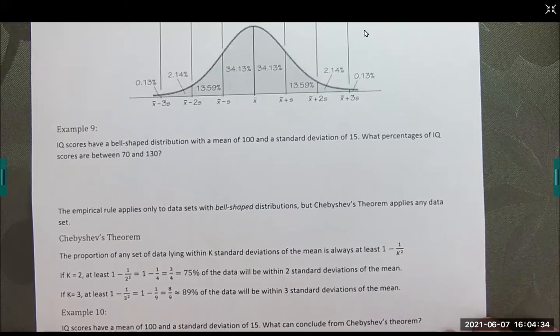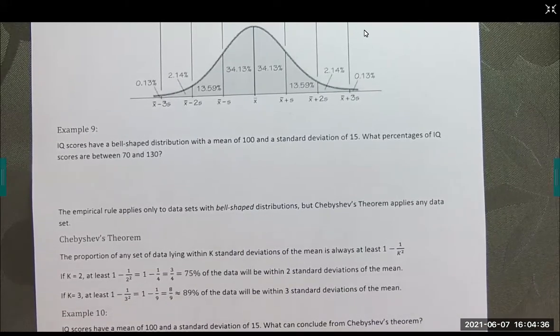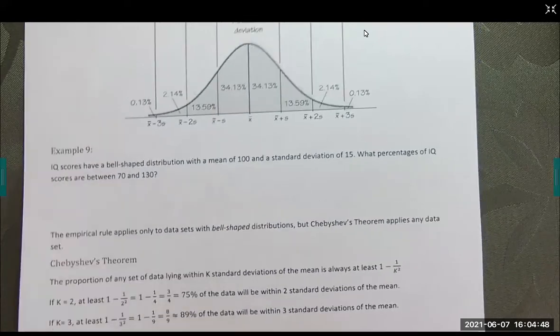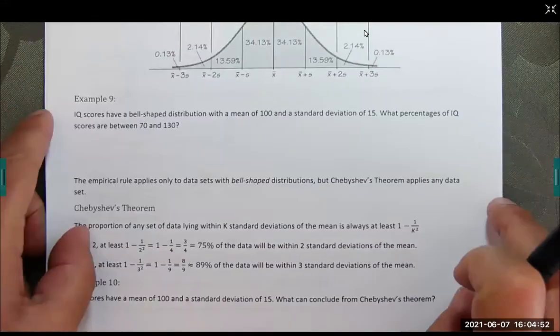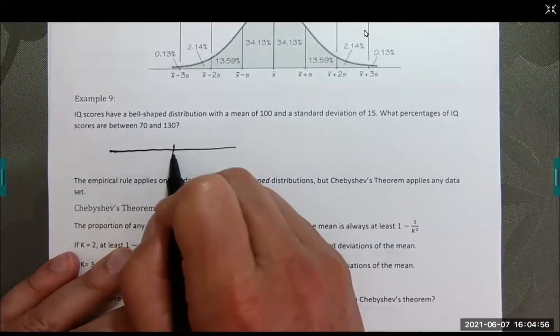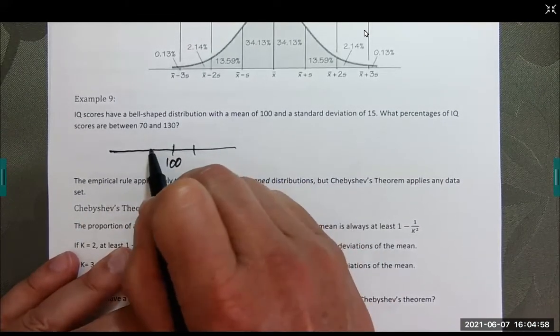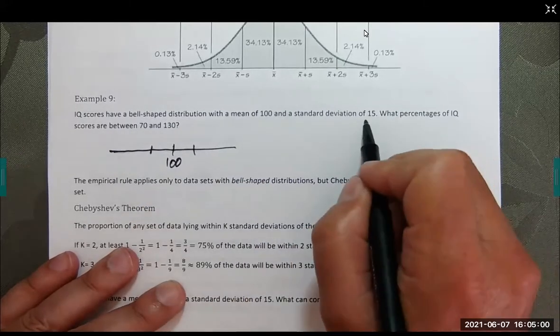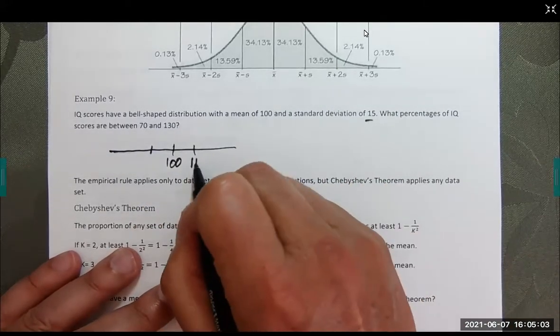All right. IQ scores have a bell-shaped distribution with a mean of 100 and a standard deviation of 15. What percentages of IQ scores are between 70 and 130? So I want to point out that if the mean is 100, if I go 1 standard deviation away, which is 15, that's going to be 115.